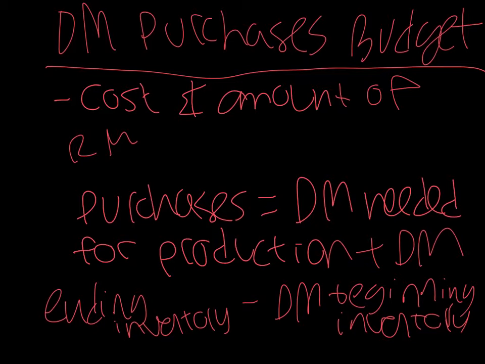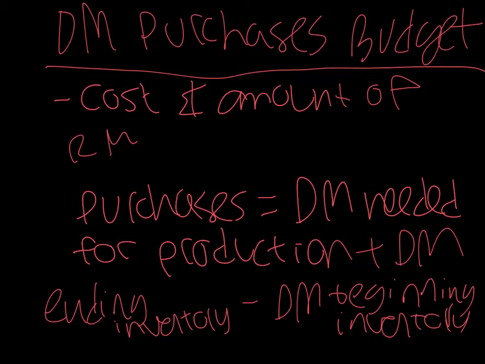Also, this includes the cost per each individual item, direct materials to be purchased, and also when units are being produced, you have to multiply by the direct materials per unit to get the production needs.